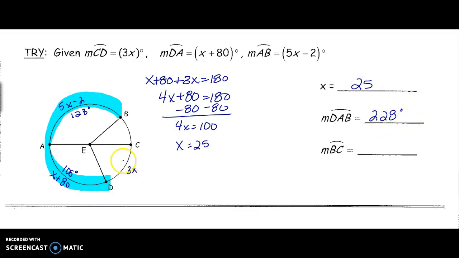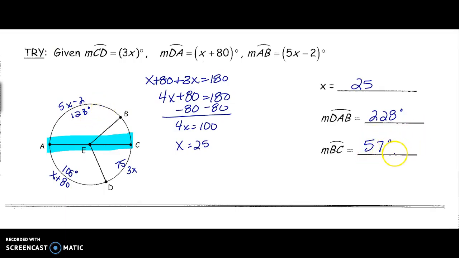Now we also know this is 75. So two ways you could find BC: do 360 degrees minus 75, 105, and 123, or you can use that semicircle concept again and do 180 minus 123. Either way, that arc BC is 57.